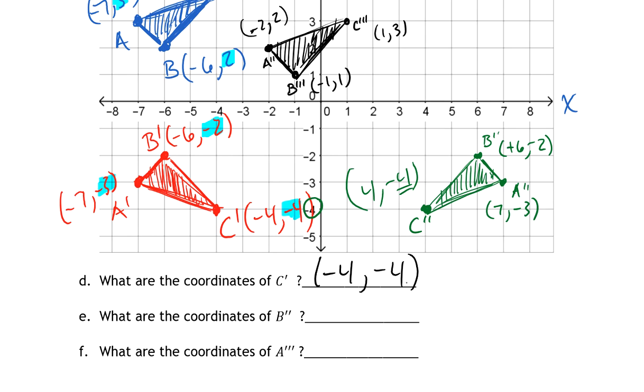B, the double prime one, is at positive 6 and negative 2. And then finally, A triple prime ended up at negative 2 for x and 2 for y. So those are the coordinates after I perform these transformations.